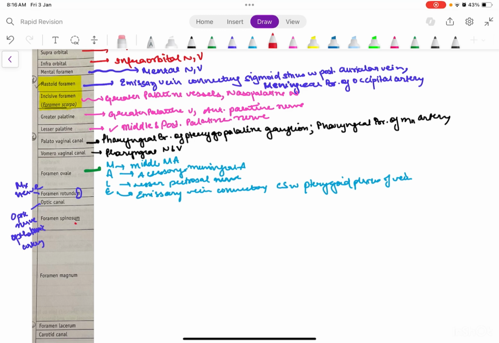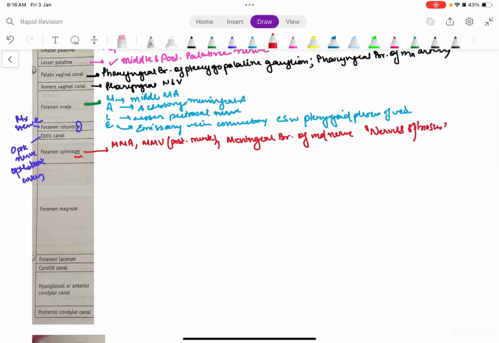For foramen spinosum, remember it ends with M: middle meningeal artery, middle meningeal vein, posterior trunk, and the meningeal branch of the mandibular nerve, which is also called nervus spinosus.